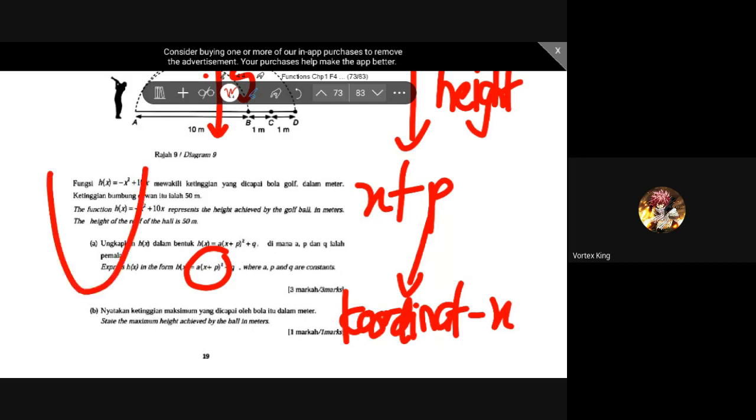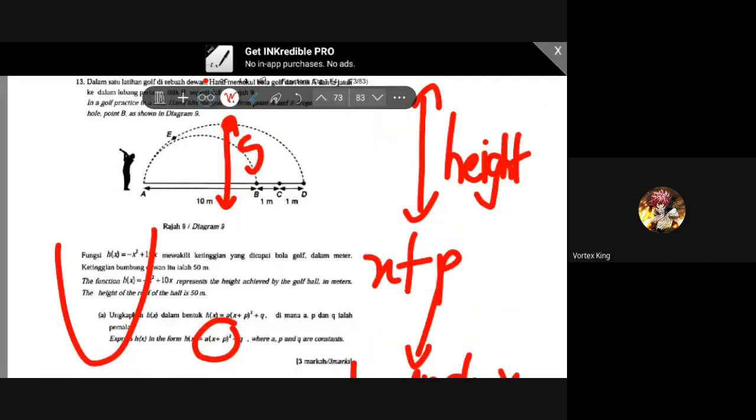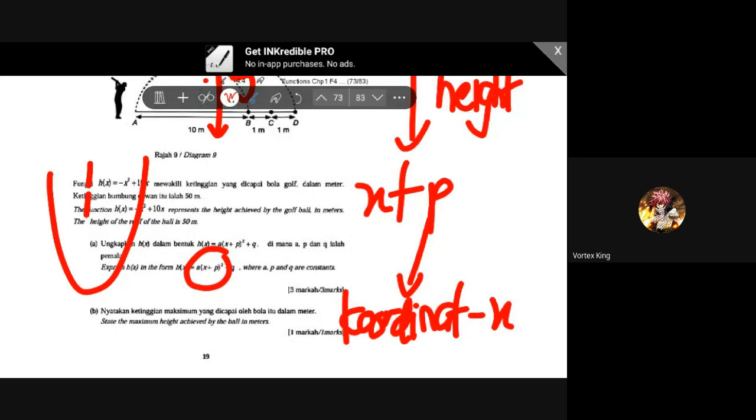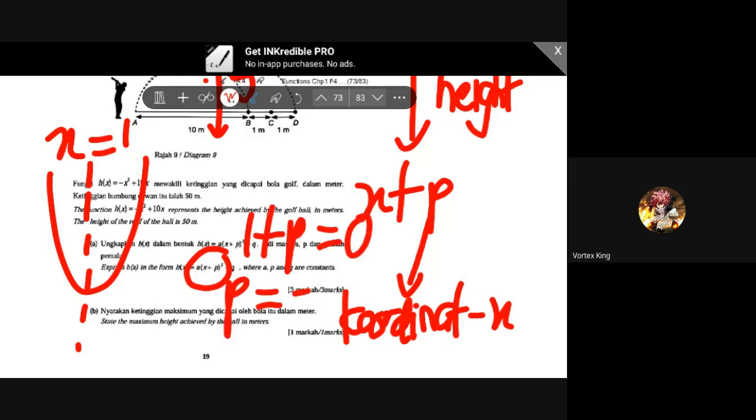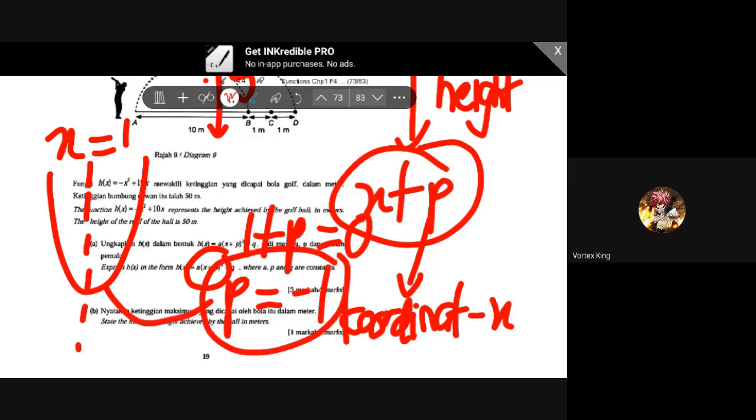Maksud kalau ada curve macam ni, kat sini paksi simetri kan, this is the axis of symmetry. Let's say X equals 1. Maksud dia, 1 tambah P, kamu akan sama dengan kosong. So, P kamu jadi negatif 1. So, ini fungsi X tambah P. This is the function of X plus P. To find the constant value that boleh bagi equation bagi axis of symmetry kamu, X equals 1.